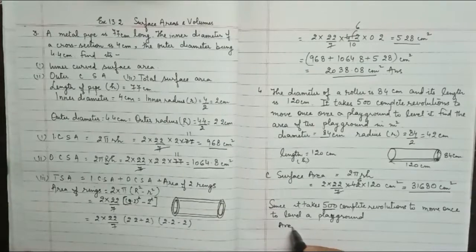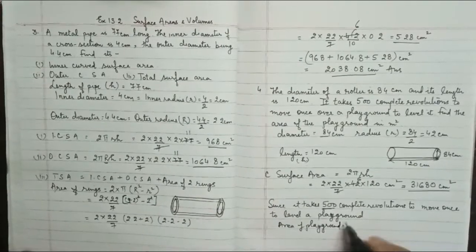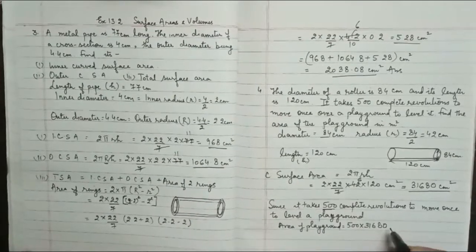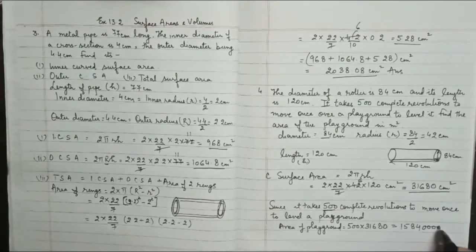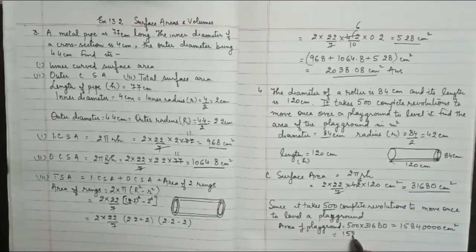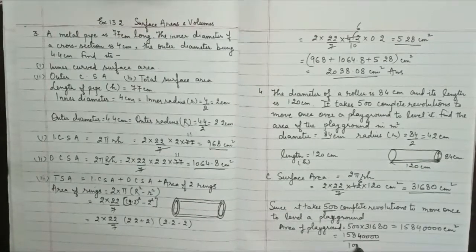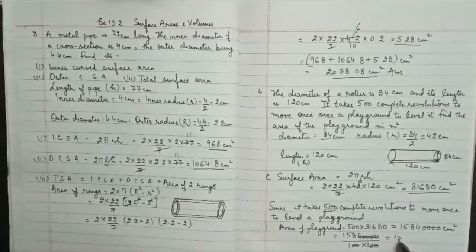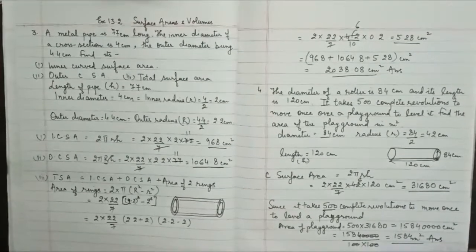Therefore, area of playground is equal to 500 into 31680, which is equal to 15840000 centimeter square. And if we convert it into meter square, as it is asked in the question, you will divide it by 100 into 100. Then you will get 1584 meter square. This is the answer.